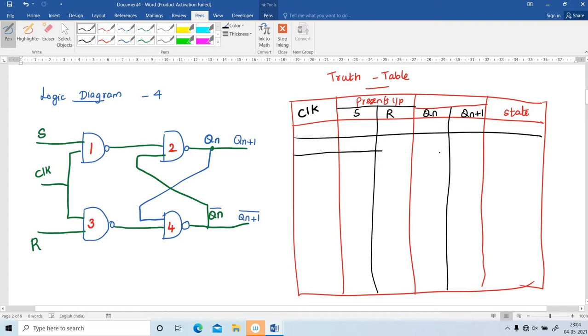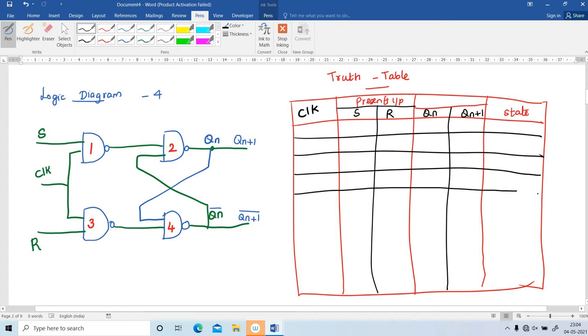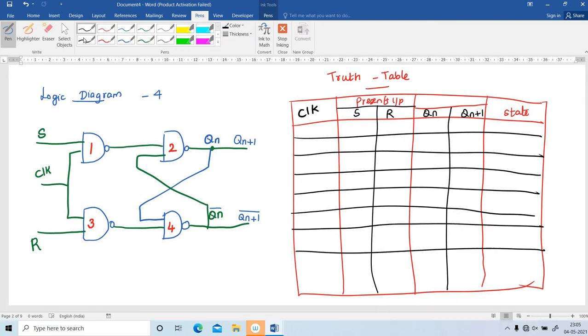Next I am going to put the values one by one. There are 8 sets of clock signals applied here. So first of all, I put all the clocks as 1, 1, 1, 1. All are 1.